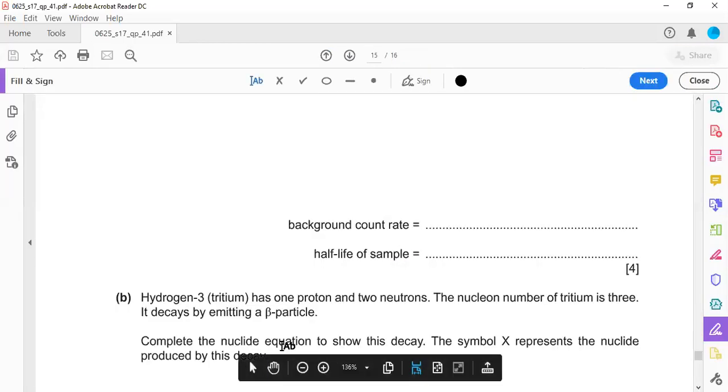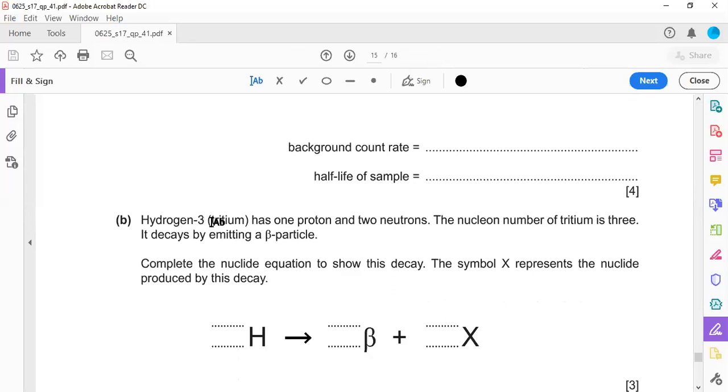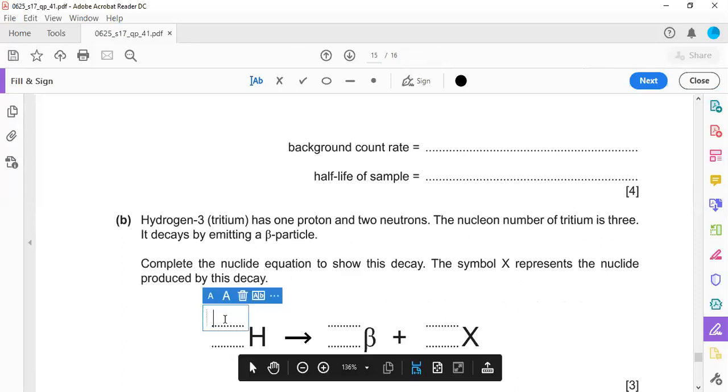We go through it for the IGC people. The question is hydrogen-3, which is tritium. It has 1 proton and 2 neutrons. The nucleon number of tritium is 3. It decays by beta, so the top number is going to be 3. Your bottom number for hydrogen is how much? How many protons does it have? 1. So the bottom number is 1.